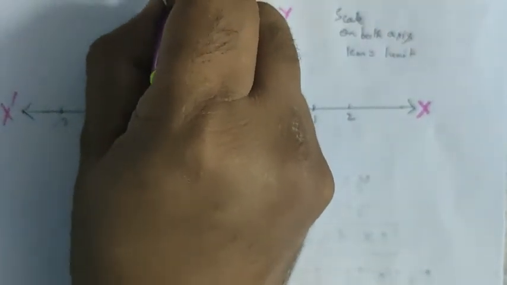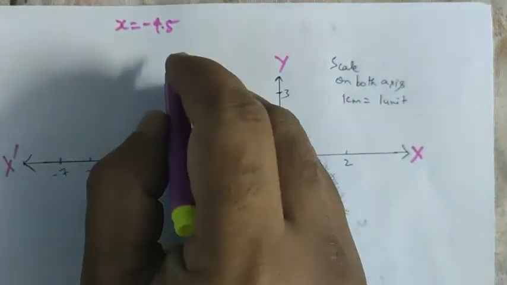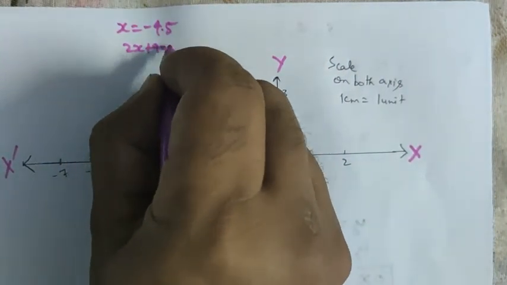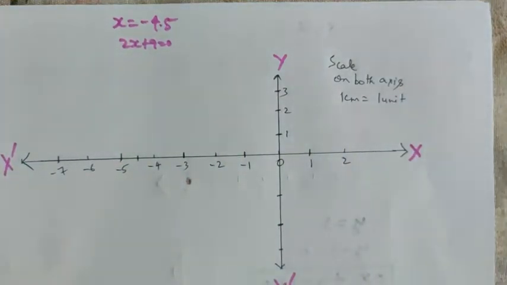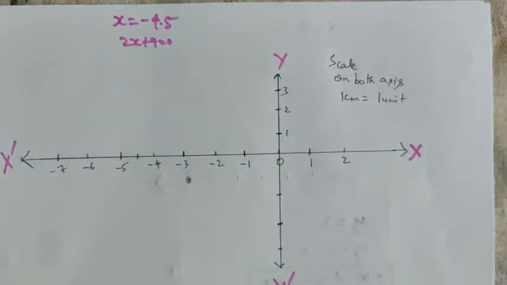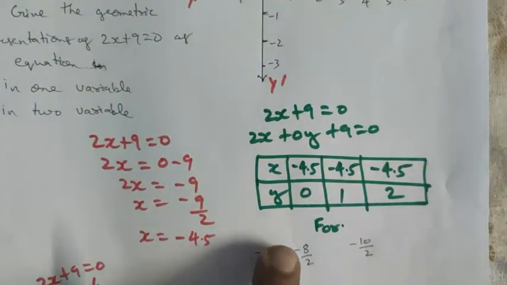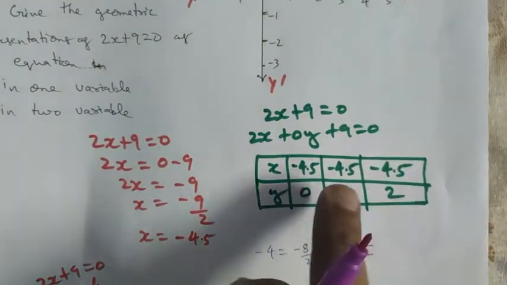This was the equation. We have seen that for y equals 0, 1, 2, the value of x is minus 4.5.